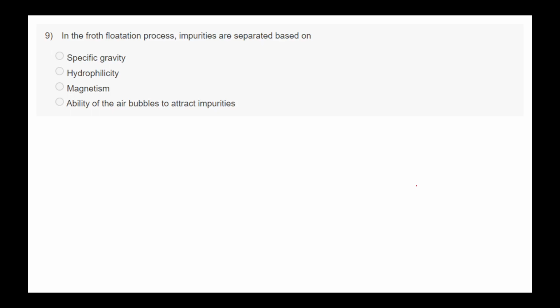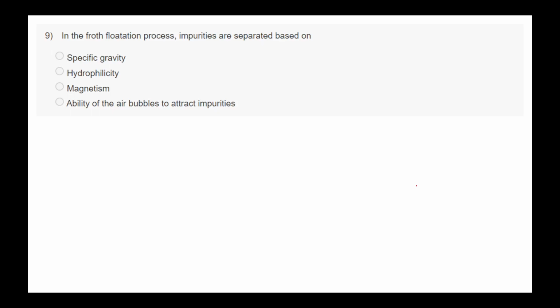Now, in the froth flotation process, impurities are separated based on what? Guess, guess, or tell me. Specific gravity.